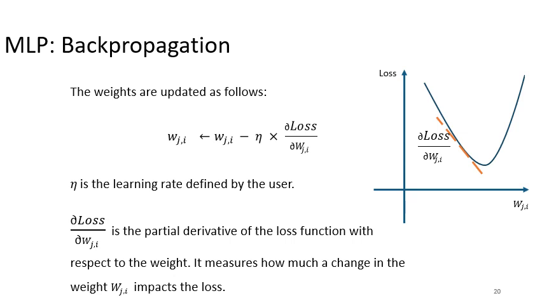In essence, this formula guides the gradual adjustment of weights during the backpropagation process, as shown in the figure, fine-tuning the neural network to minimize the loss and enhance its predictive capabilities. Regarding the learning rate, it is important in determining the size of these adjustments, ensuring a balance between precision and computational efficiency.